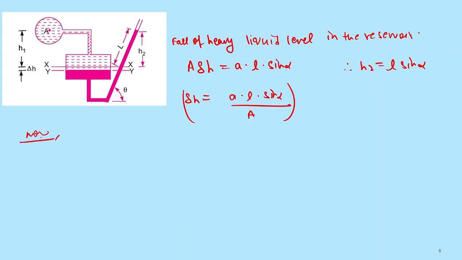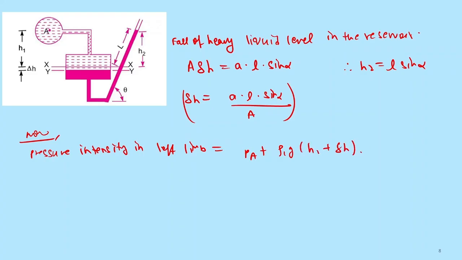From now we can write pressure intensity in left limb is equal to PA, meaning pressure at point A, plus rho 1 G (H1 plus del H).